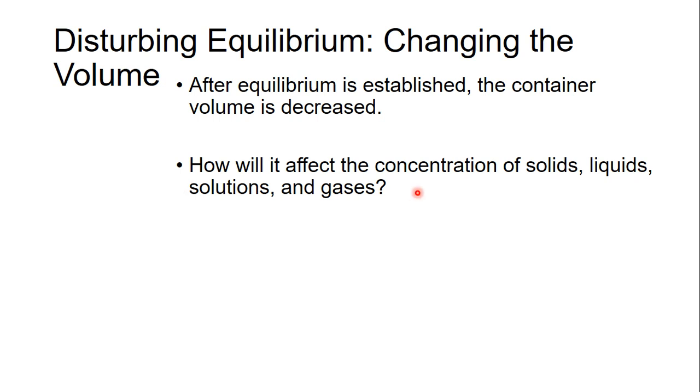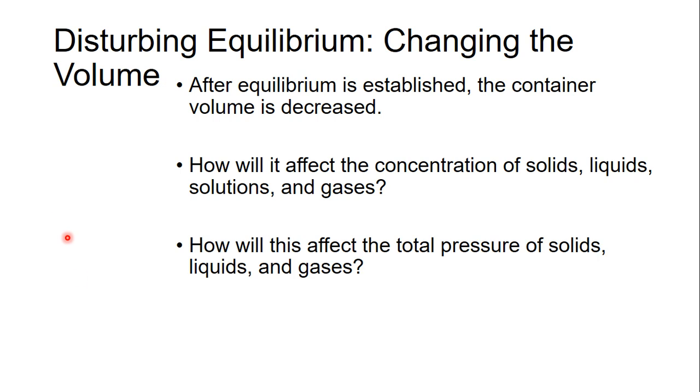But for gases, it does change it. If you shrink the container that a gas is in, you're shrinking the volume. Remember, concentration is moles divided by volume, so if you shrink the volume and don't change the number of moles, your denominator got smaller and your concentration got bigger. So for gases, as the volume decreases, concentration will increase.